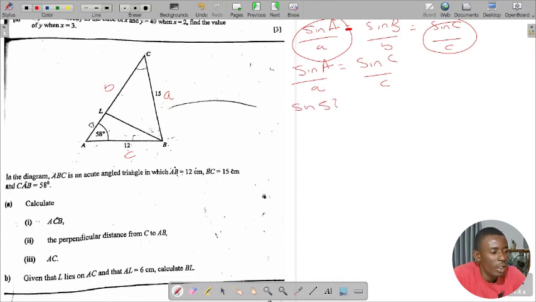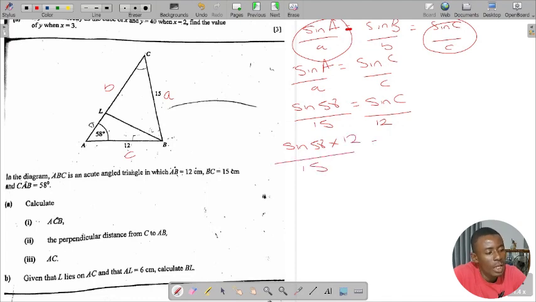So sine 58 over our side A is 15, and our sine C is the unknown, and side C which is 12. So we cross multiply here and it becomes sine 58 times 12. All this divided by 15 is equals to sine C.